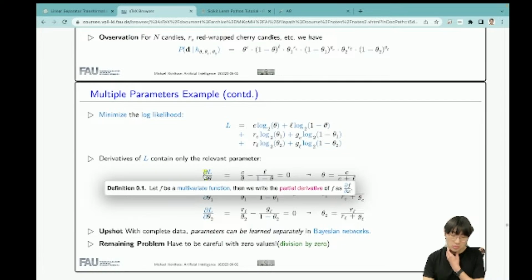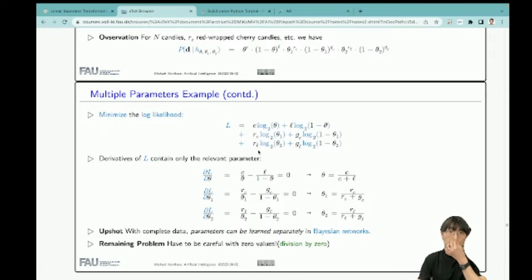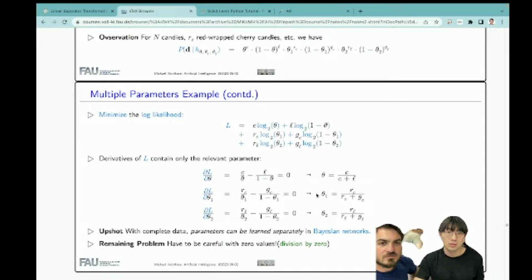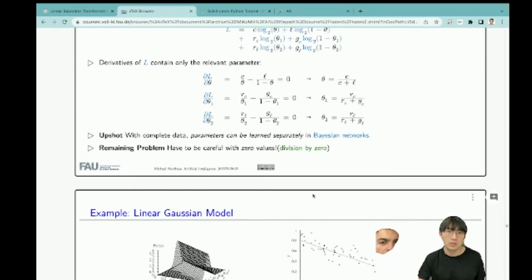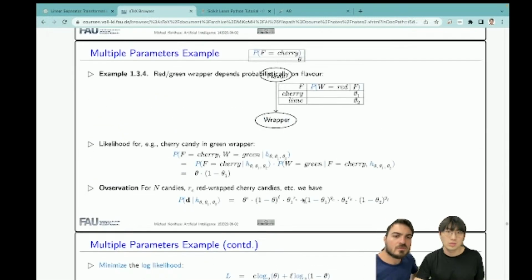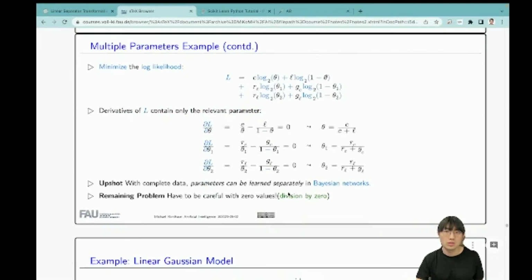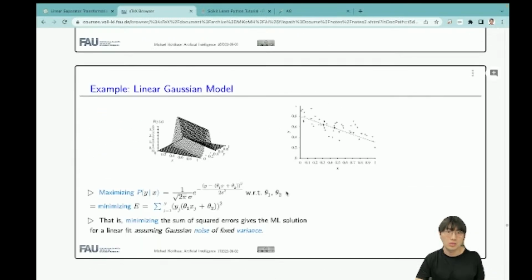I mean, this is going to give us a value, right? And what does this value do here? Maximizing the log likelihood.